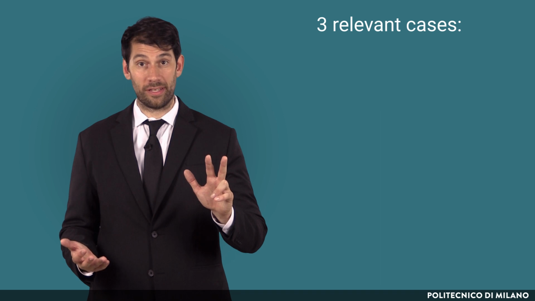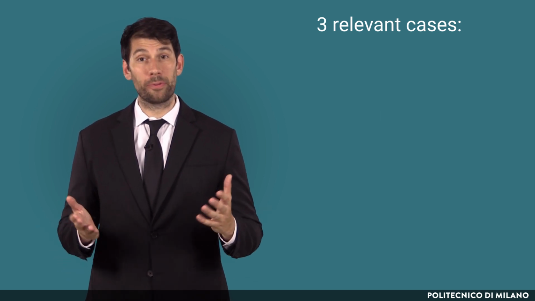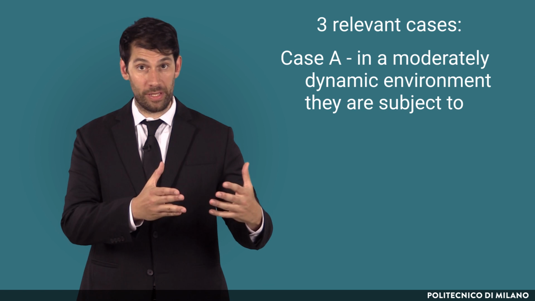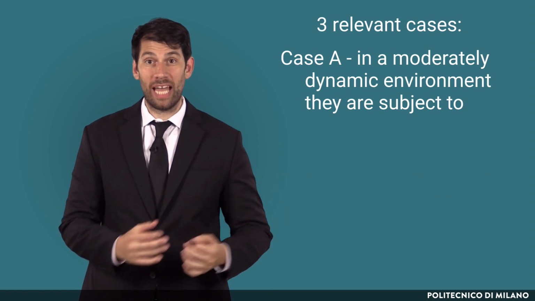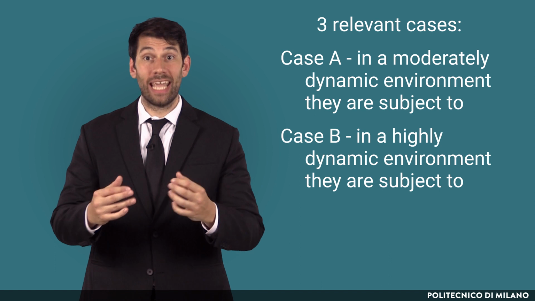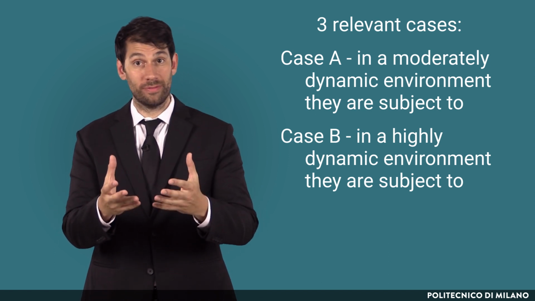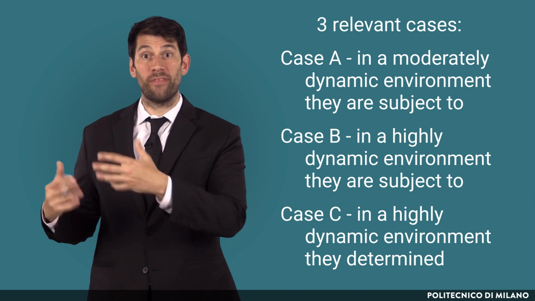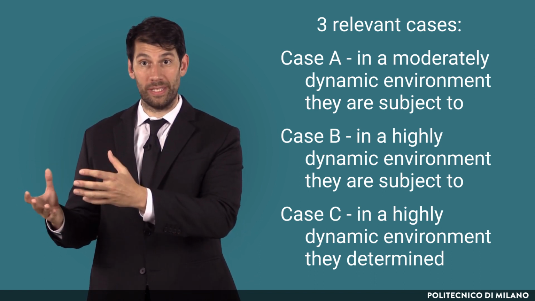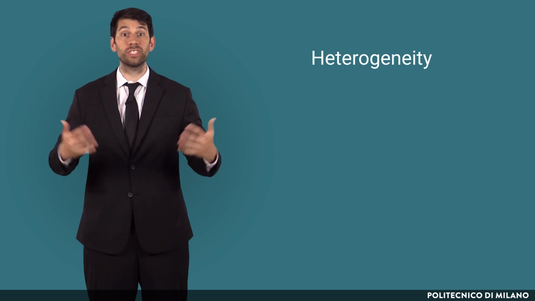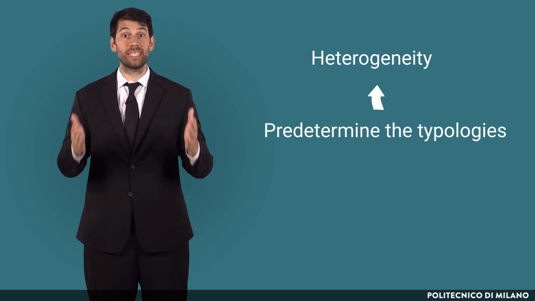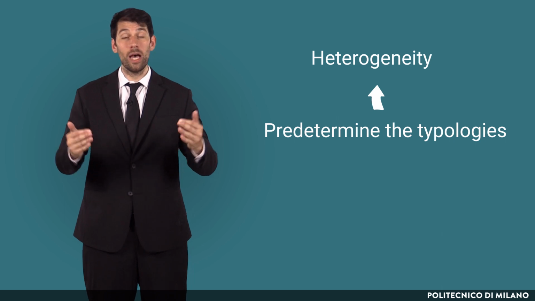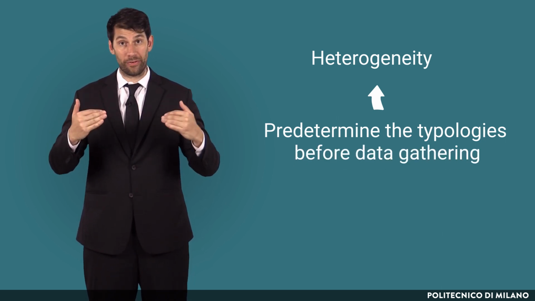This choice resulted in the identification of 3 relevant cases of digital platform startups that operate in a moderately dynamic environment, case A, or in a highly dynamic environment, case B, they are subject to, and a highly dynamic environment the digital startup determined, case C. As you can see, since I decided to base my theoretical sampling on heterogeneity, I had to predetermine the typologies I wanted to investigate before I started data gathering.